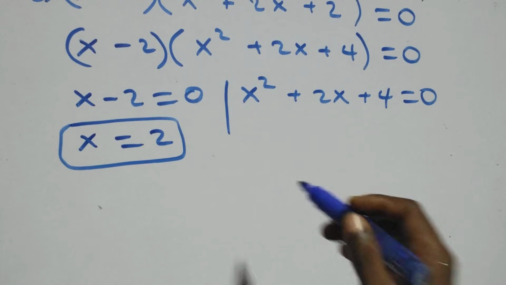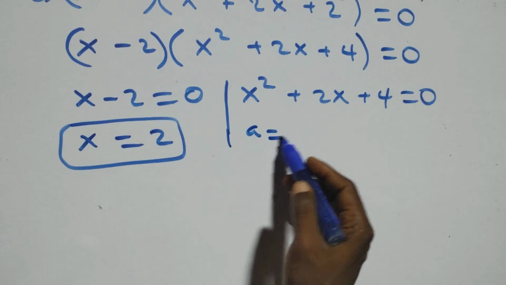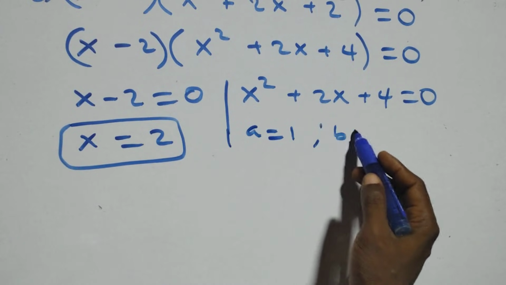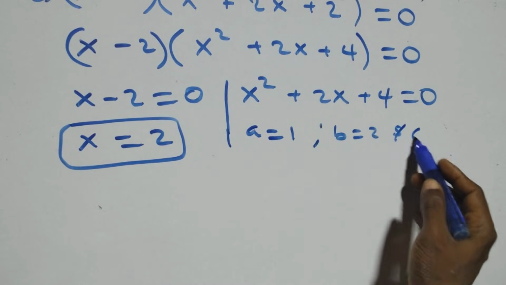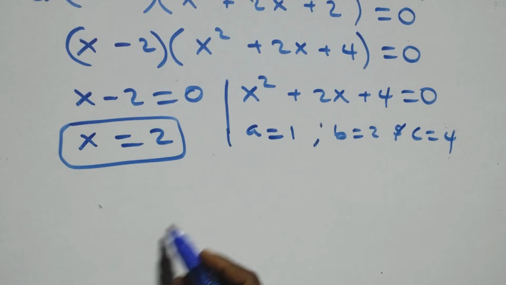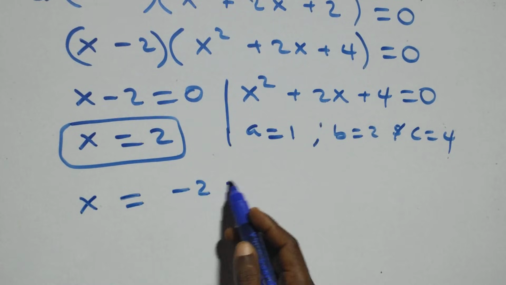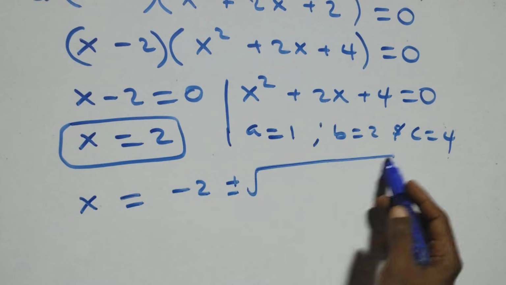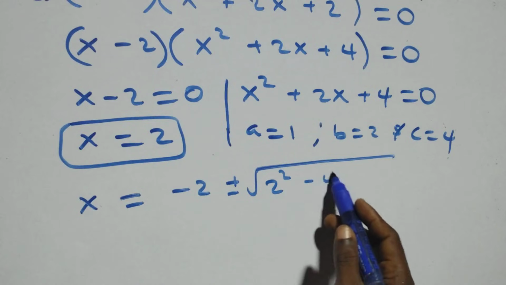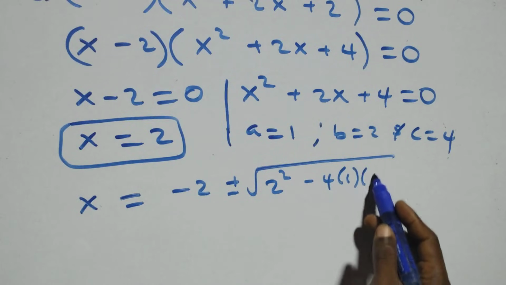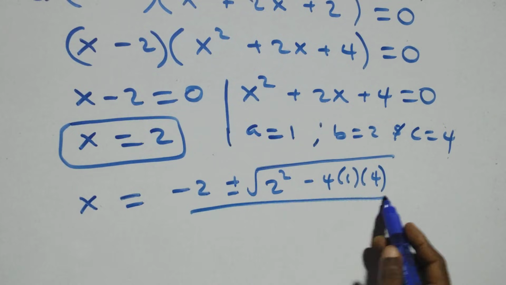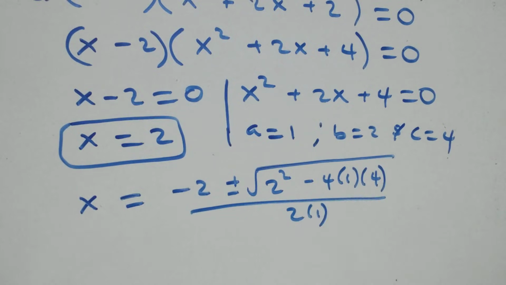Here we have a quadratic equation where a equals 1, b equals 2, and c equals 4. Applying the quadratic formula, this becomes x equals minus 2 plus or minus square root of 2 square minus 4 times 1 times 4 over 2 times 1.